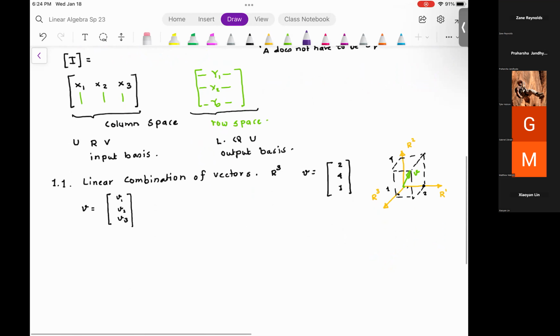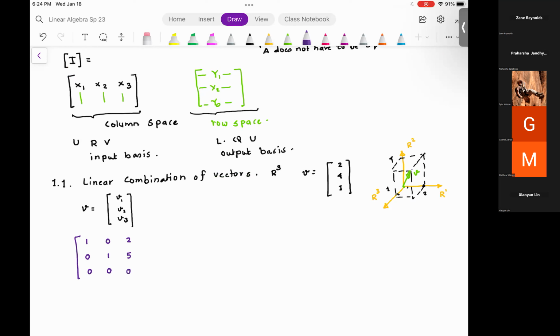Say, for example, we have a vector 1, 0, 0, another vector 0, 1, 0, and now another vector 2, 5, 0.